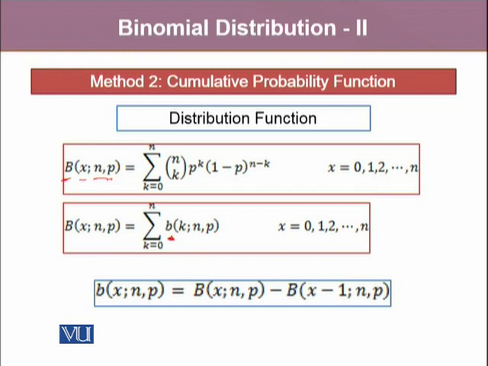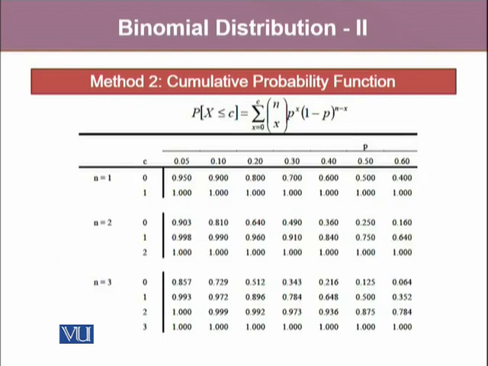So if we have to find out the probability of x equals 2, let's say, then we will subtract the cumulative probability of x equals 1 from the cumulative probability of x equals 2. And it goes on. Let's try to do it using a table. This given table is the cumulative probability distribution for the binomial probability distribution.